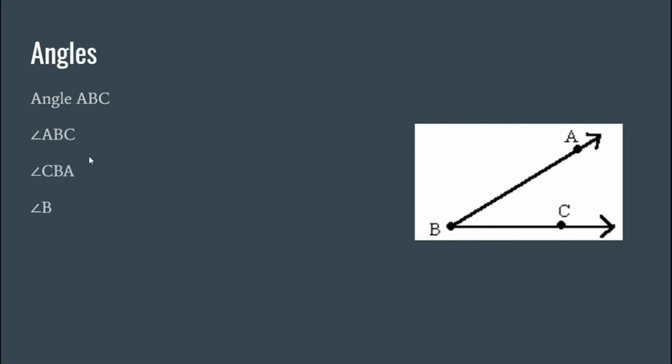The important part here is that the vertex is in the middle. If you're using 3 points, the vertex always has to be in the middle, as you can see here. Or you can just label the angle using just the letter that's in the vertex, as in this last one here.